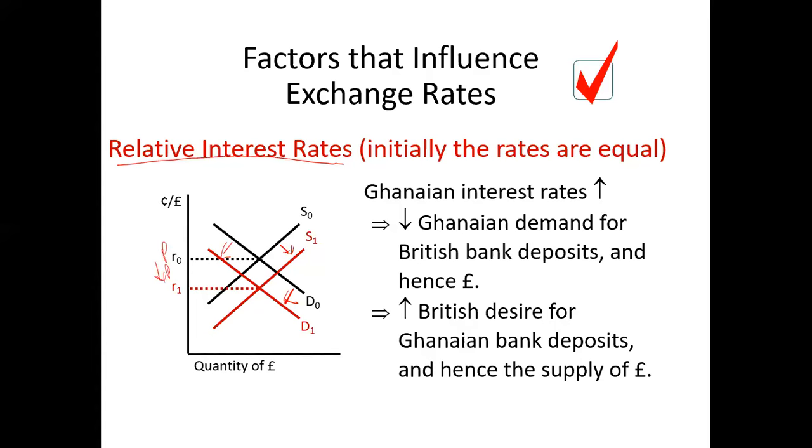On the other hand, foreigners that were borrowing from Ghana were demanding our cedis, because if you borrow from Ghana, you borrow cedis. But since the cost of borrowing in Ghana has gone up, they will decrease their demand for that.